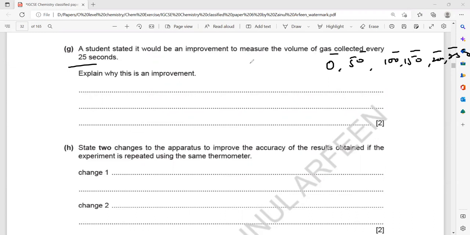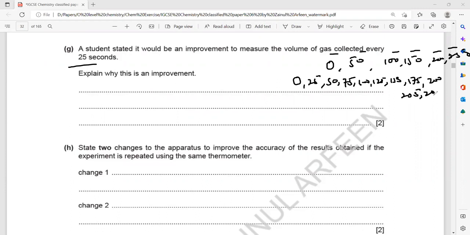No, you cannot mention average here. Average you can only mention when you repeat the same experiment with the same procedure, then you can take an average. But here we did the experiment with different time readings, like 0, 25, 50, then 75, 100, 125, 150, 175, 200, 225, 250.